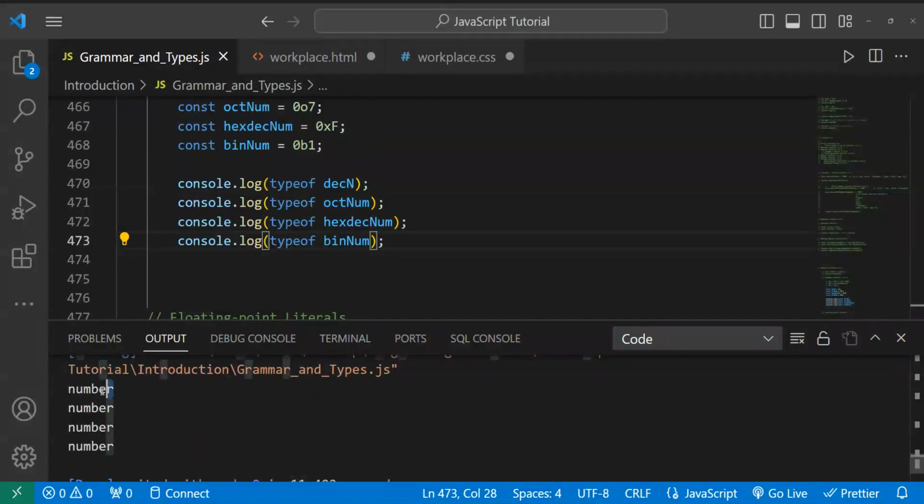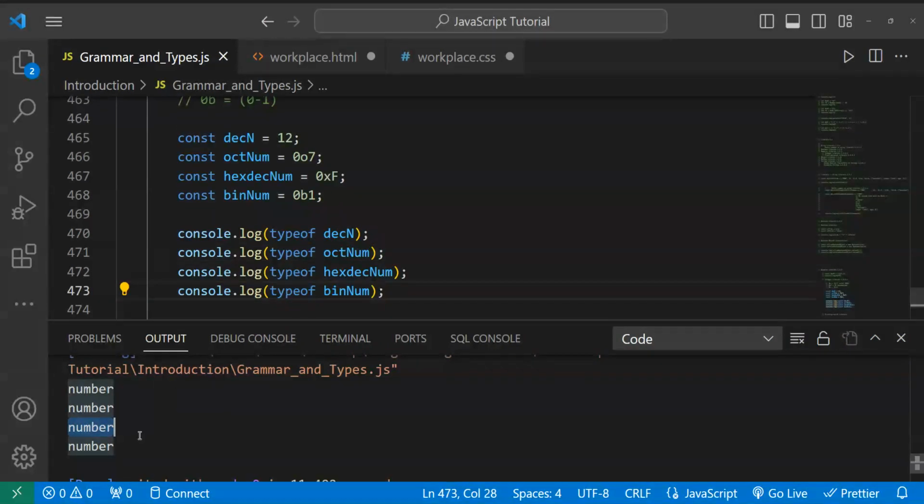Yeah, their type is number. Well, I don't know why it doesn't show a different, more detailed way. I'm not sure about that, but I can check it. Maybe, I don't know. I think it's just number.